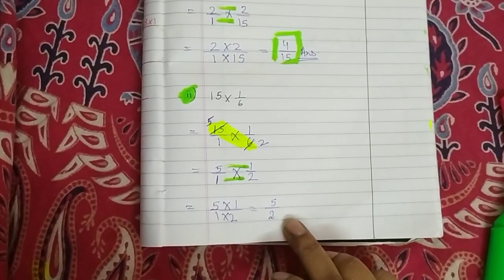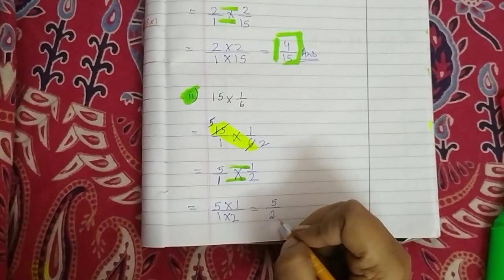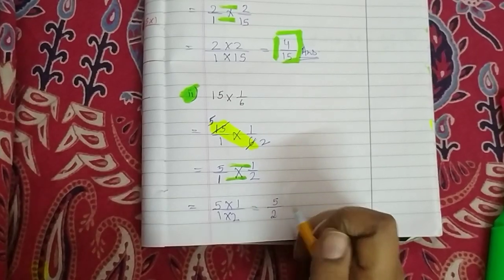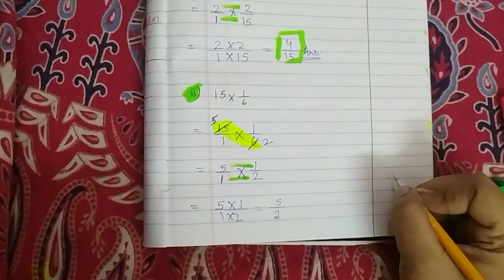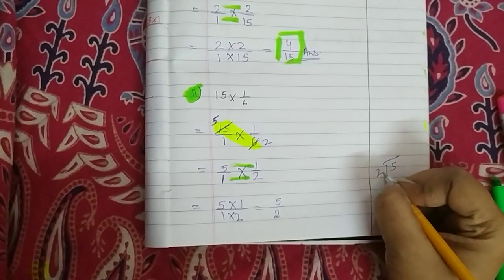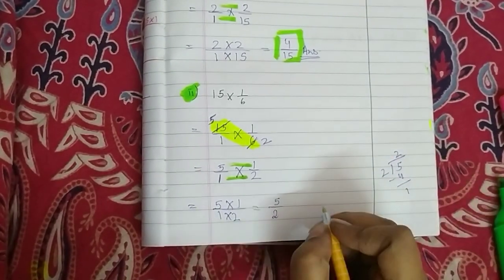But is this answer complete? No. Why? Because it is an improper fraction. And if we get an improper fraction as the answer, we have to change it into a mixed fraction. So how are we going to change it into a mixed fraction? We will divide numerator by denominator. 2 times 2 is 4, remainder 1.